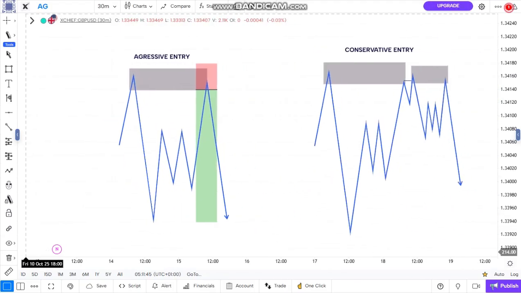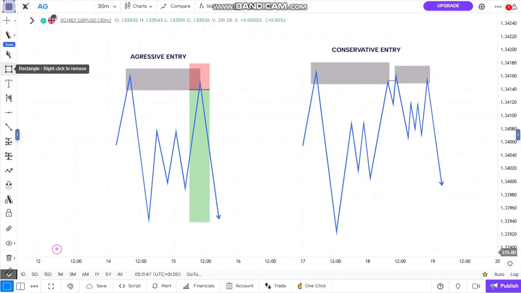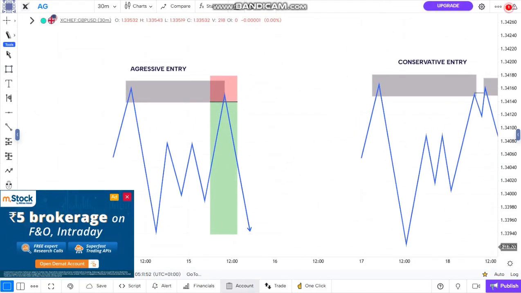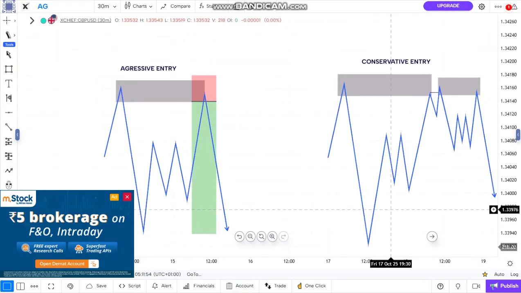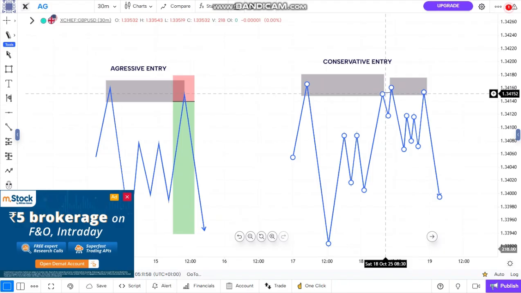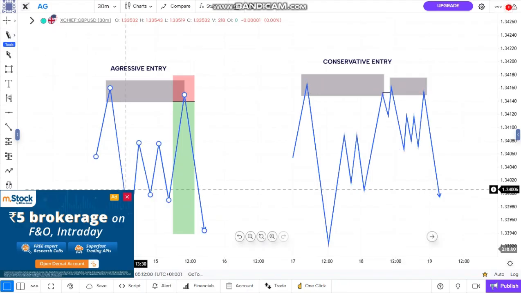So this was the last high after price had mitigated this zone, and then this was the last low.